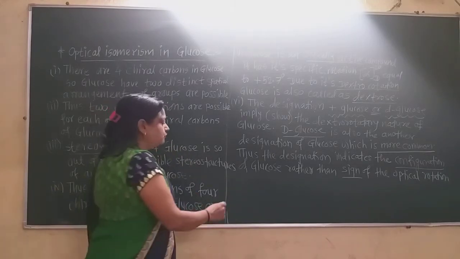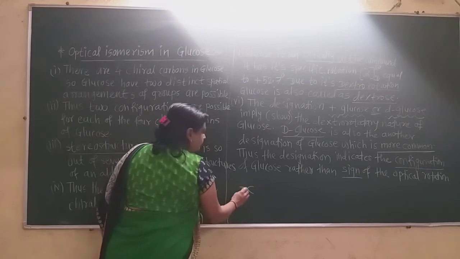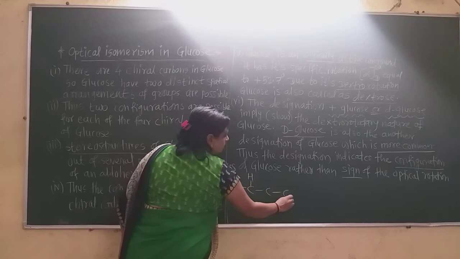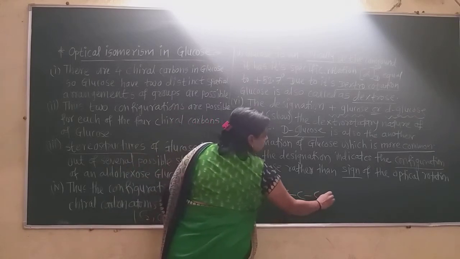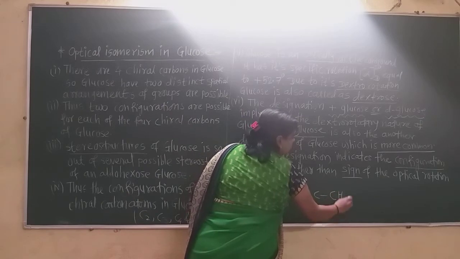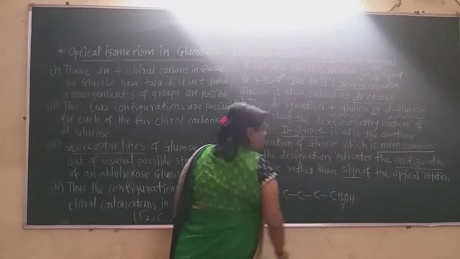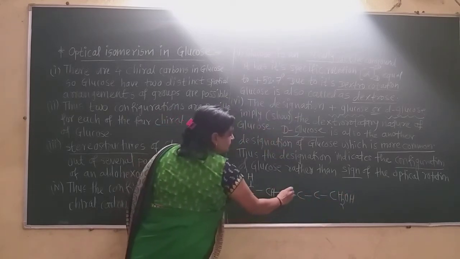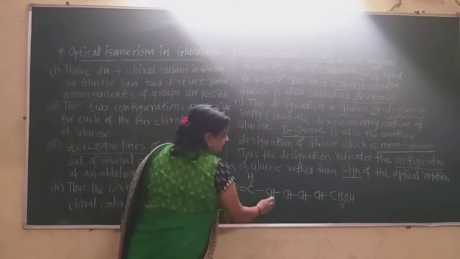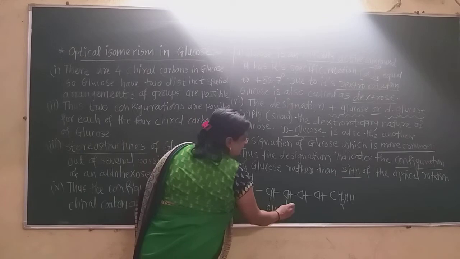Now you know that the first carbon is the aldehydic carbon, then the second, third, fourth, fifth and sixth. The 6th carbon atom has the primary alcoholic group, and all these 4 carbons from 2nd to 5th contain the secondary alcoholic group.